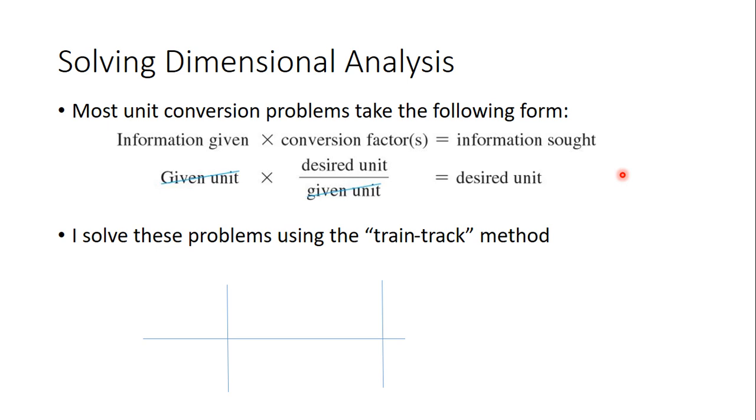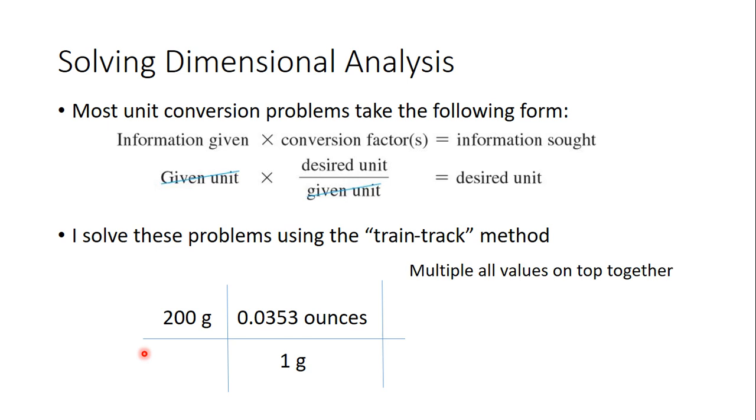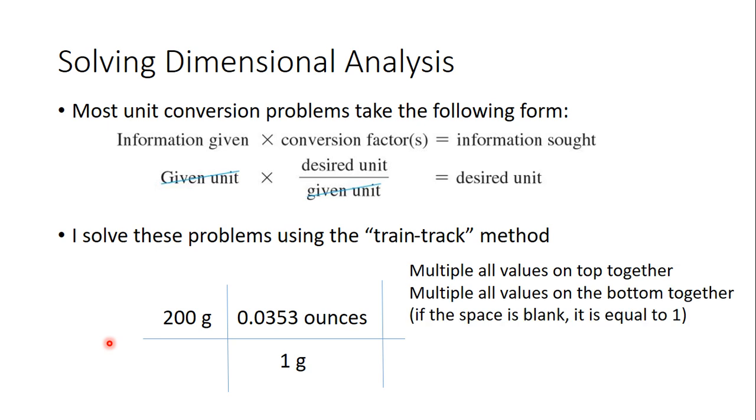So let's take a look at this for that gram to ounces problem. So we start out with 200 grams. Then we need our conversion factor, which is for every 1 gram, we get 0.0353 ounces. So then what I do, for all the top values, you multiply them together.